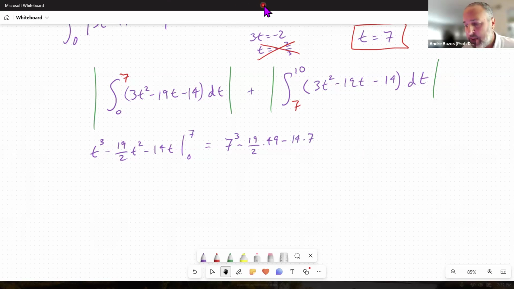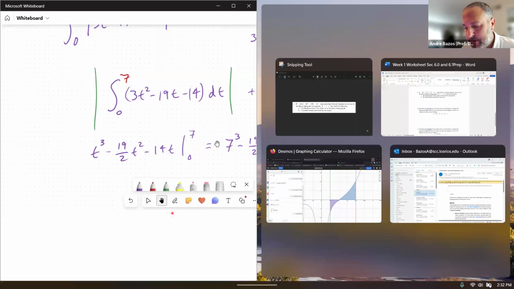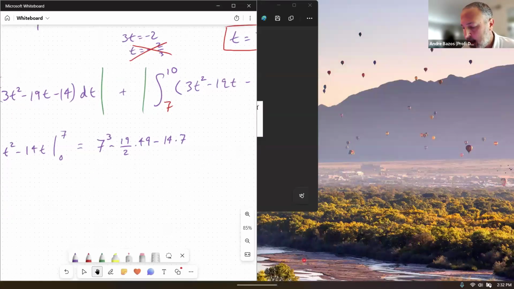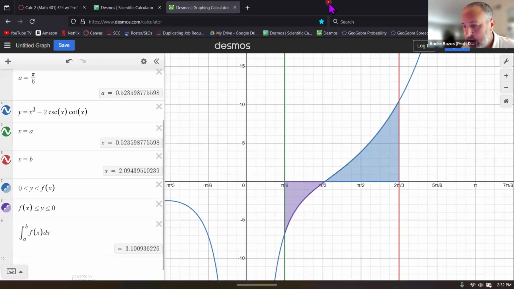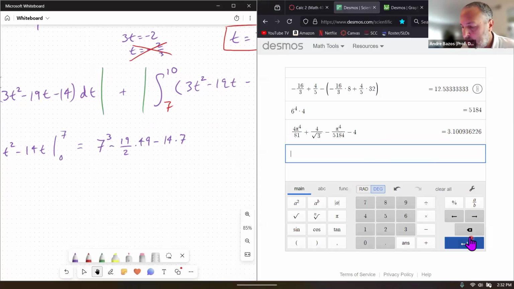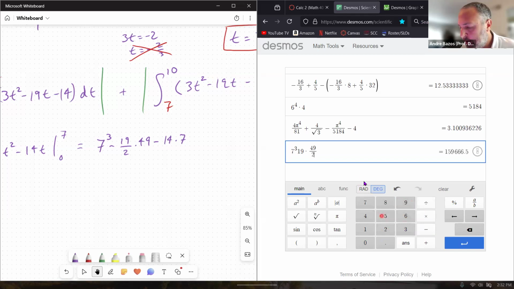Let's go ahead and use Desmos to figure out what this is. Where's Desmos? There it is. I don't want that Desmos, I want this Desmos. So we got 7 cubed, scooch over, minus 19 times 49 divided by 2.